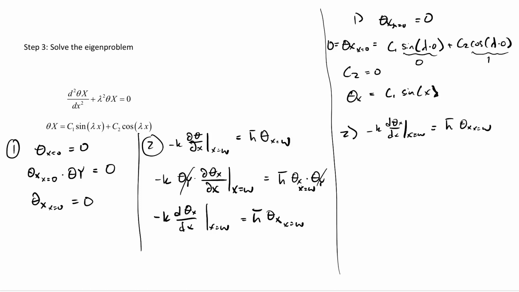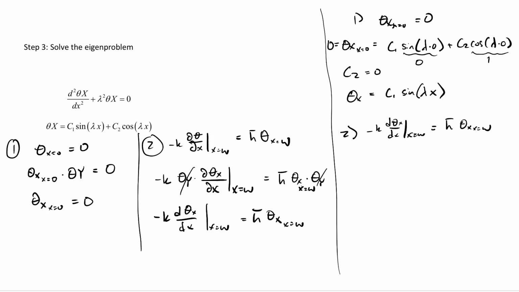So now let's evaluate the derivative, right? So the derivative of theta x, what's the derivative of sine of x? Oops, sorry, I missed a lambda up there, didn't I? So sorry, theta x is sine lambda times x.